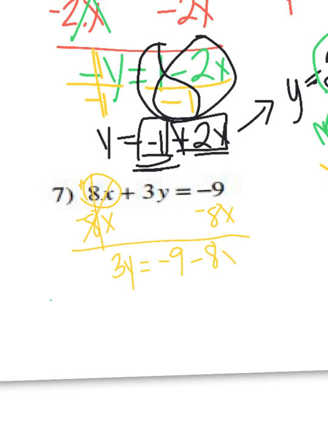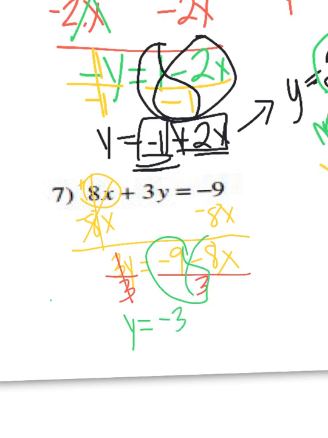I'm going to get rid of this 3 by dividing both sides by 3, which means everything on the right gets divided by 3. So now I'm left with y equals -9 divided by 3 is -3, and then -8x divided by 3 is just -8 thirds x.